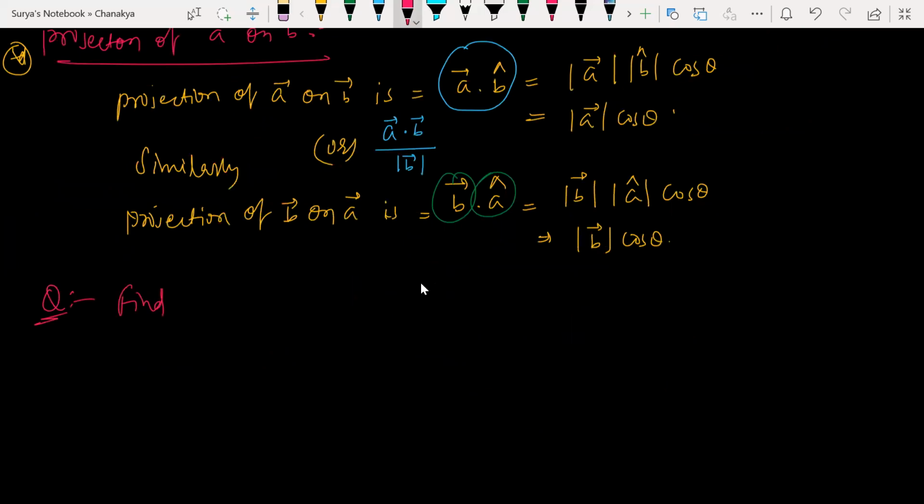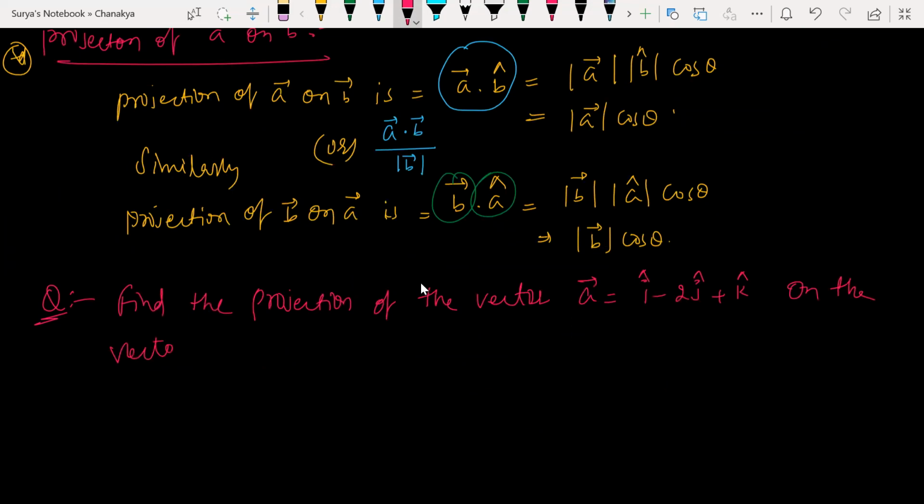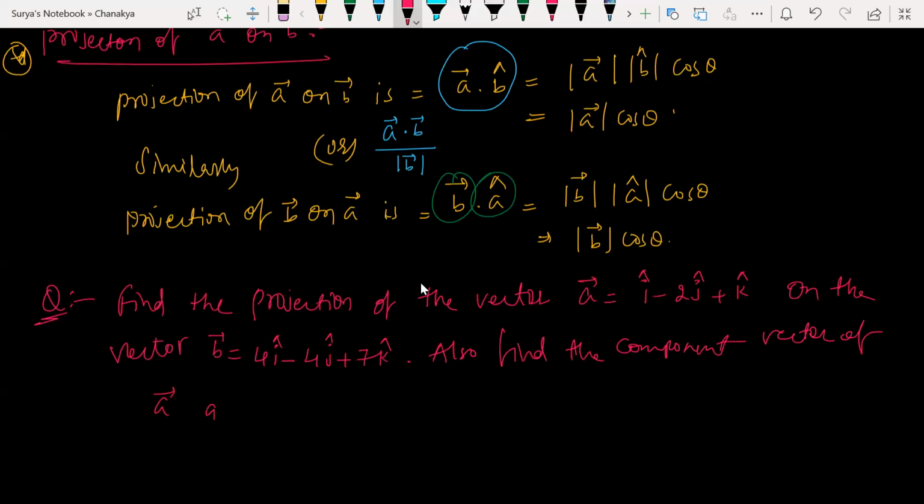Find the projection of the vector A equal to minus 2j cap plus k cap on the vector 4j cap plus 7k cap, and also find the component vector of A vector along B vector. Okay, this is the question.